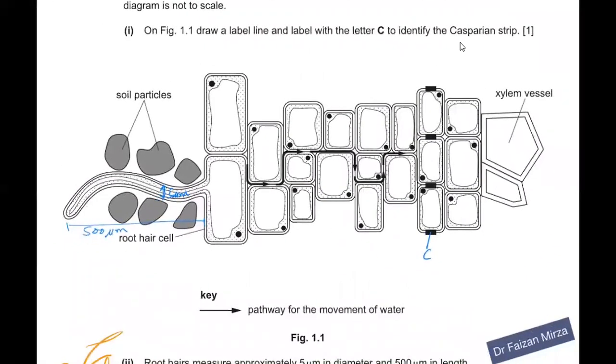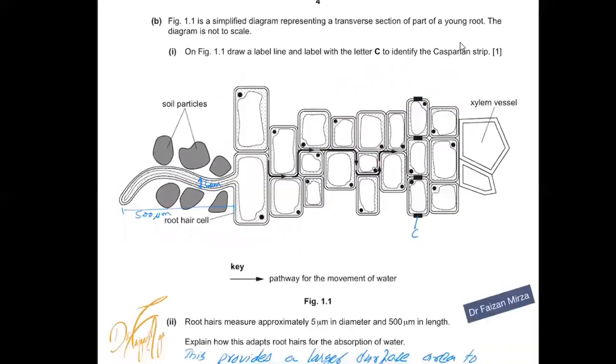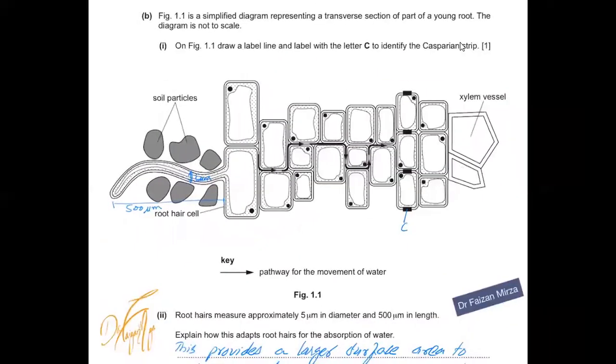The diagram shows to us that water is being transported along the cell walls. You can see this pathway shown to us is the pathway of cell walls. So that definitely is the apoplastic pathway. If it's an apoplastic pathway, that shows that the pathway is through cell walls. Then this tissue, what will be the name of this tissue? The name of the tissue will be endodermis.